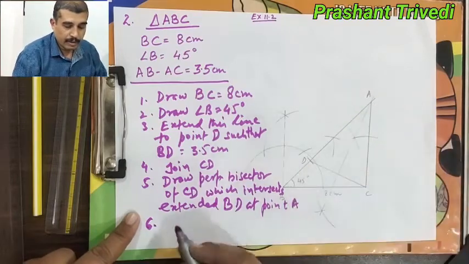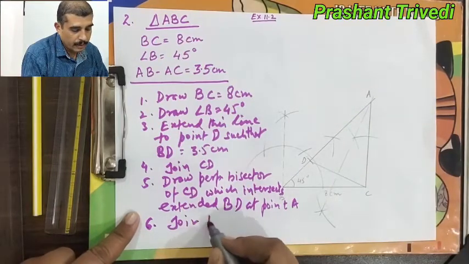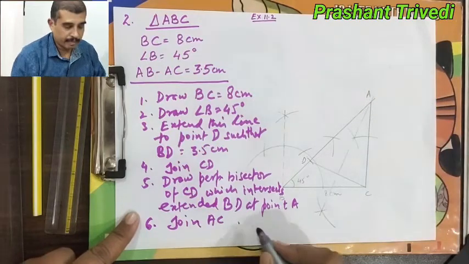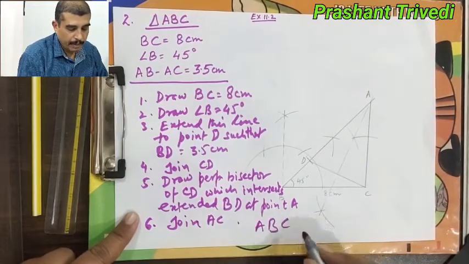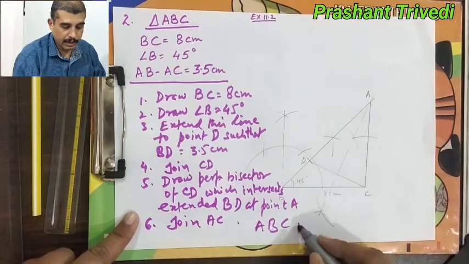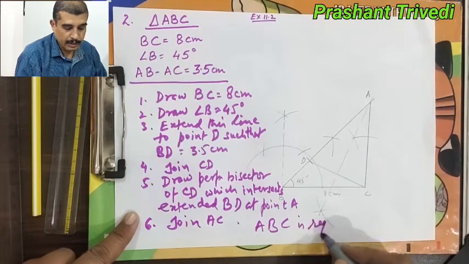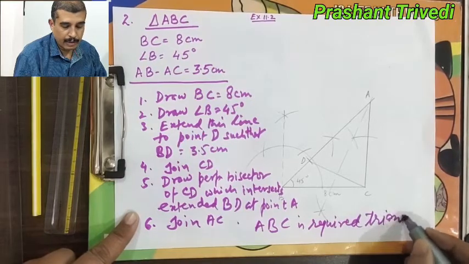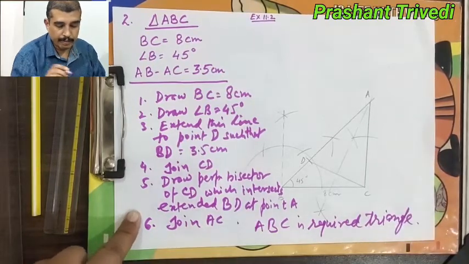Sixth one, join AC. ABC is the required triangle. Done.